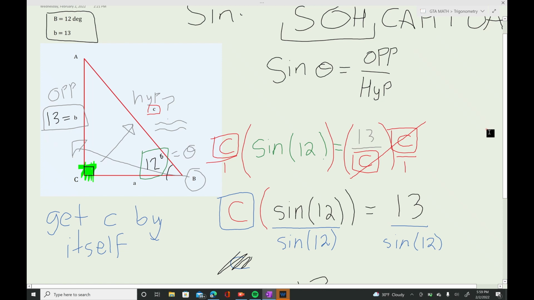Yeah, that's an interesting triangle. But yeah, that is how we find C.